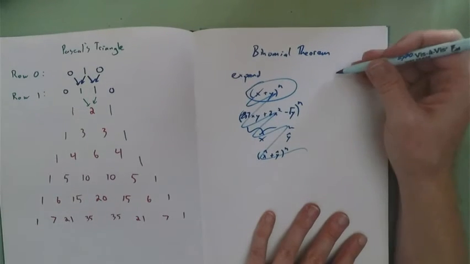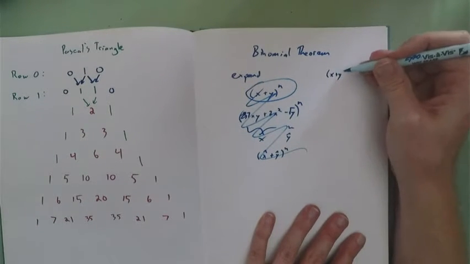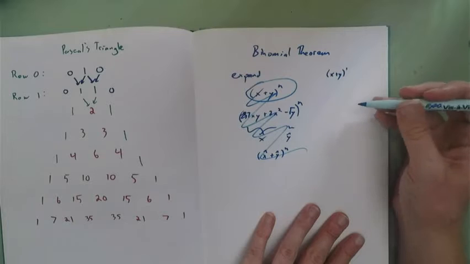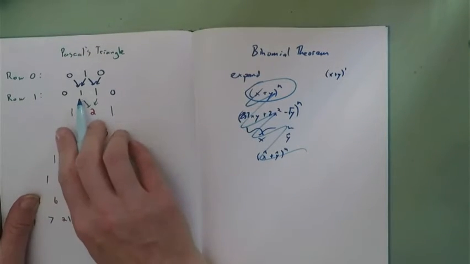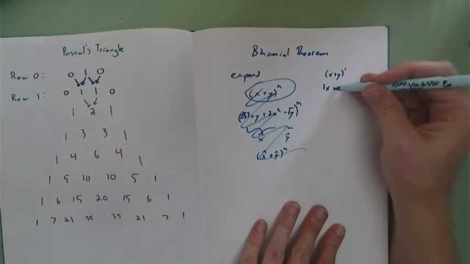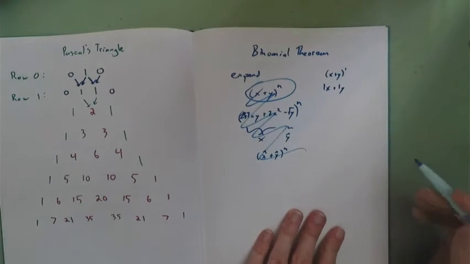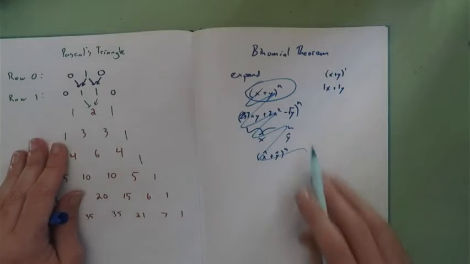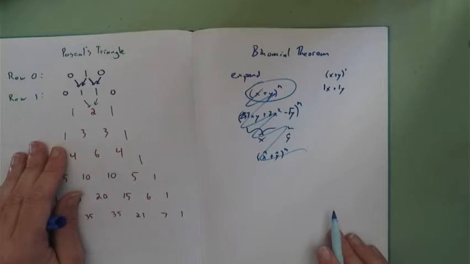So let's say we've got x plus y to the power of 1. Well, if we look in row 1, we can see 1 and 1, and we could just say 1 times x plus 1 times y. Well, hey, that's the expansion. We got it out of the parentheses.